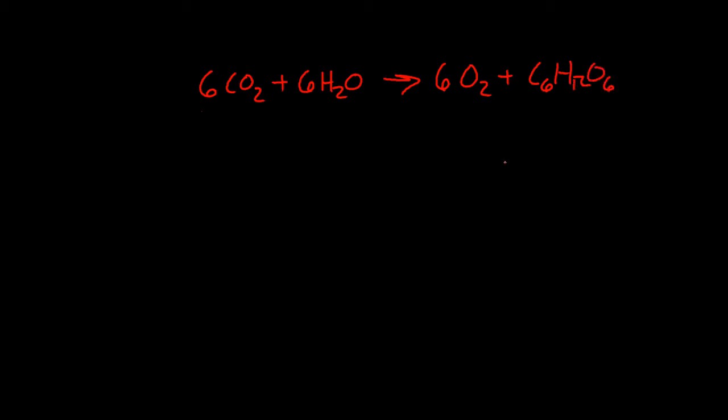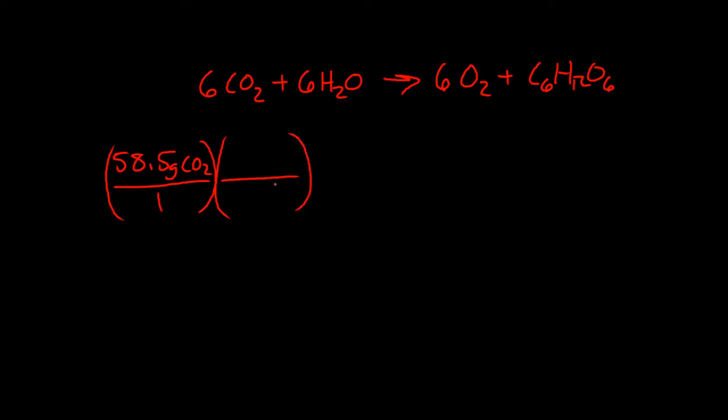So that is the reaction that's taking place. The question asks, how many grams of glucose can be synthesized from 58.5 grams of CO2, assuming that there is more than enough water present to react with all the CO2? So if we have 58.5 grams of CO2, how much glucose can we make?